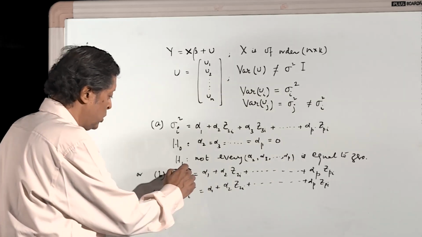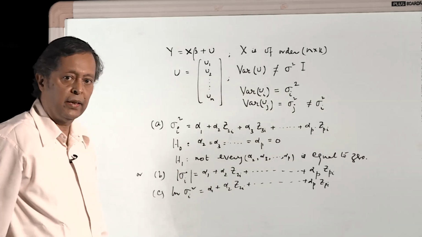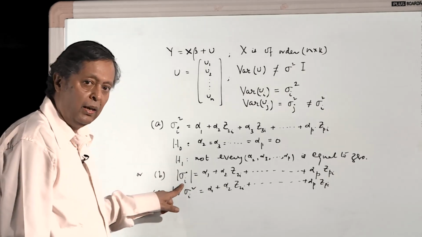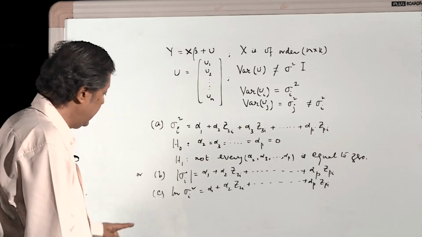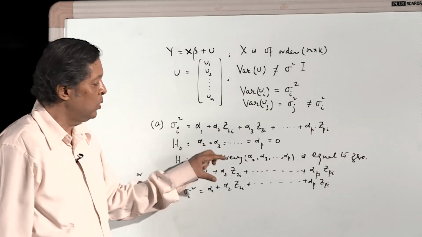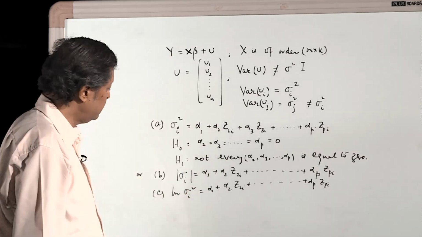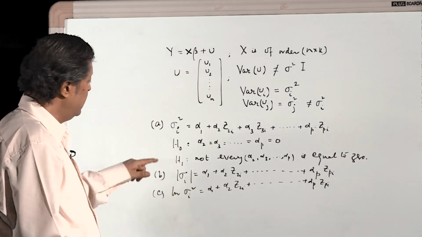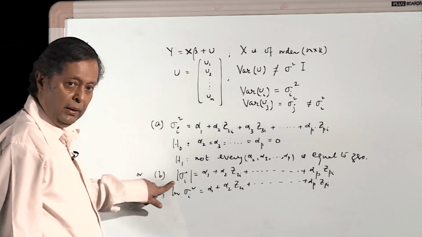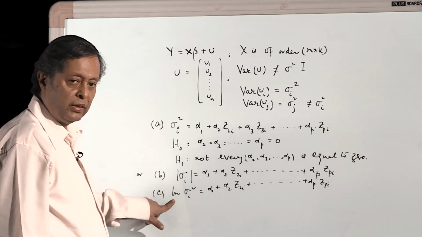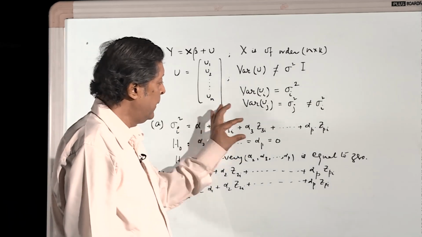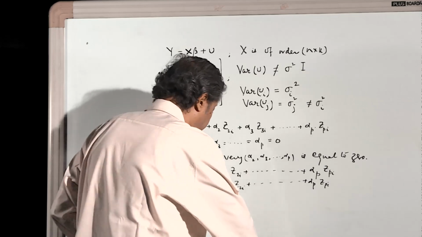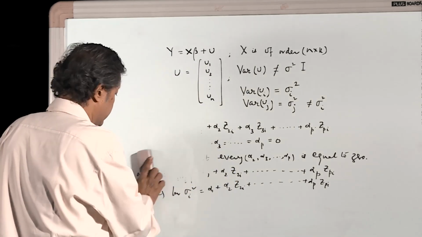Sometimes this is also written as modulus, because standard deviation we always take as a positive value. Some texts will mention simply sigma, some will mention modulus of sigma, and the third one is log of sigma i square equal to the same thing on the right hand side. Now, how do we test these? Please remember these three forms: sigma i square, sigma i positive or mod, and logarithm of sigma i square. On the right hand side we have p minus 1 different Z variables. So, how do we test for this?